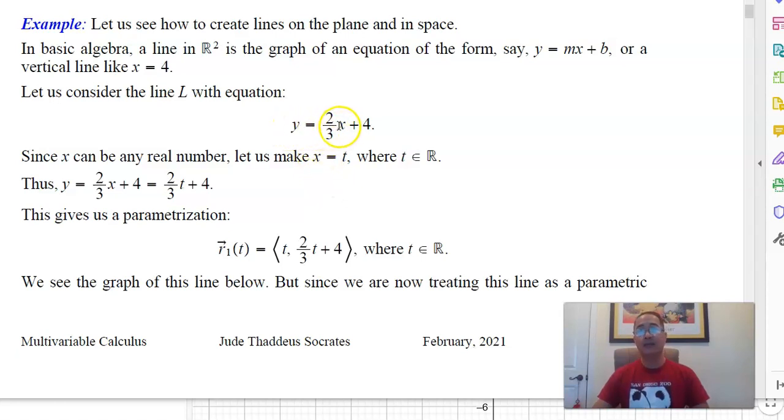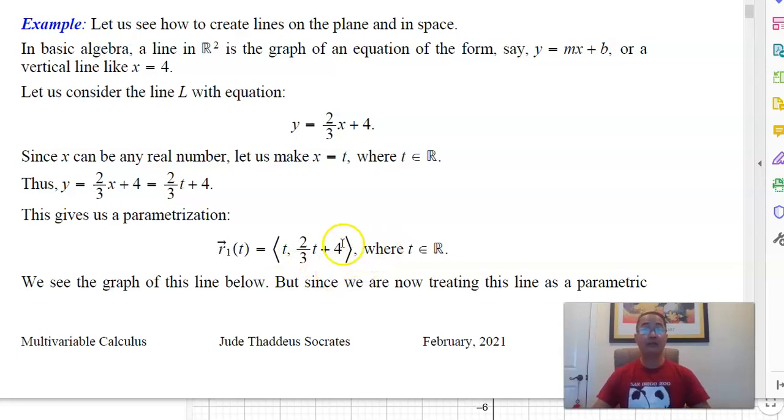Because y is dependent on x and x does not depend on anything, we can make x our parameter. So x will be t, and t can be any real number. For y, we just replace x with t. So this is now a parametrization of that line. Instead of this equation, you have this vector notation.